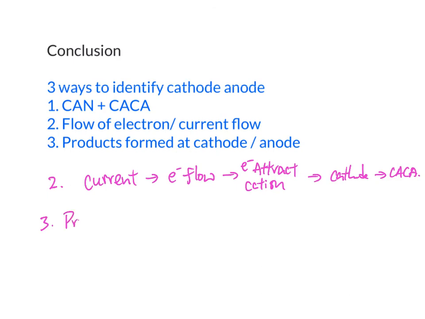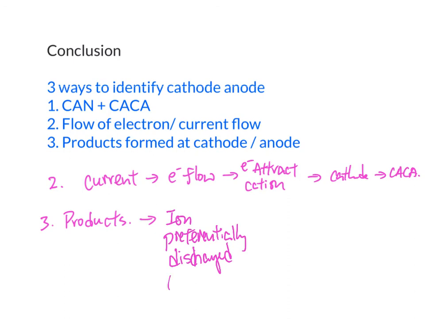When you see the products, you think about the ion preferentially discharged, and based on the type of the ions, see whether they are cation or anion.